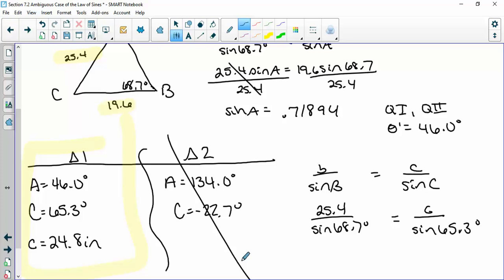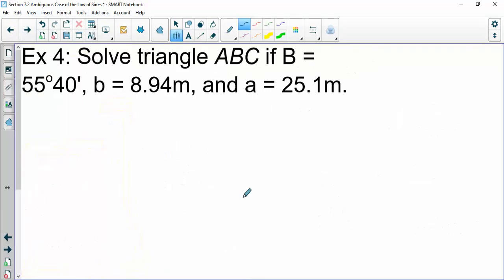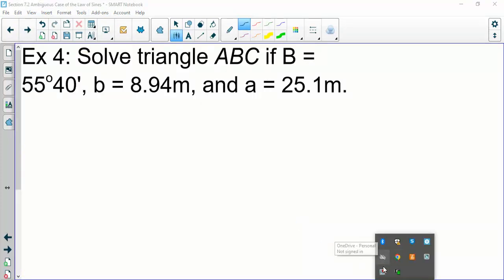That's everything. Let's go ahead and try a couple more to make sure we're okay with this. Why don't you guys try setting this one up? See how far you get.